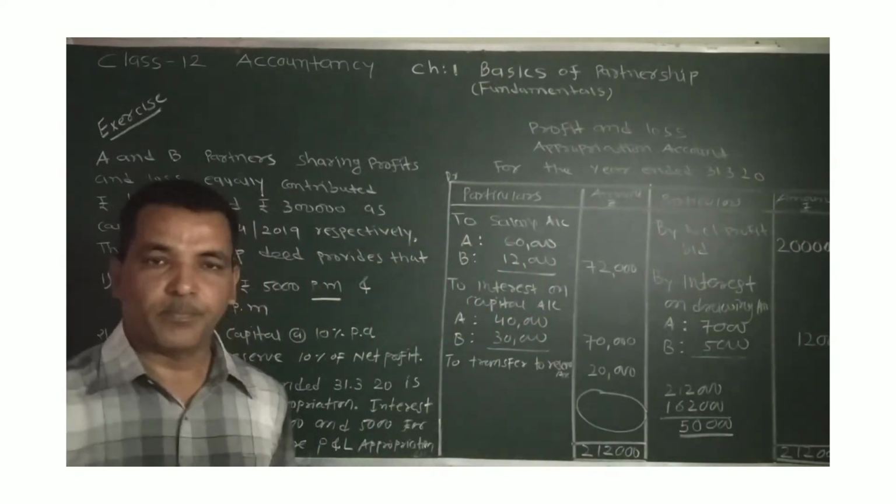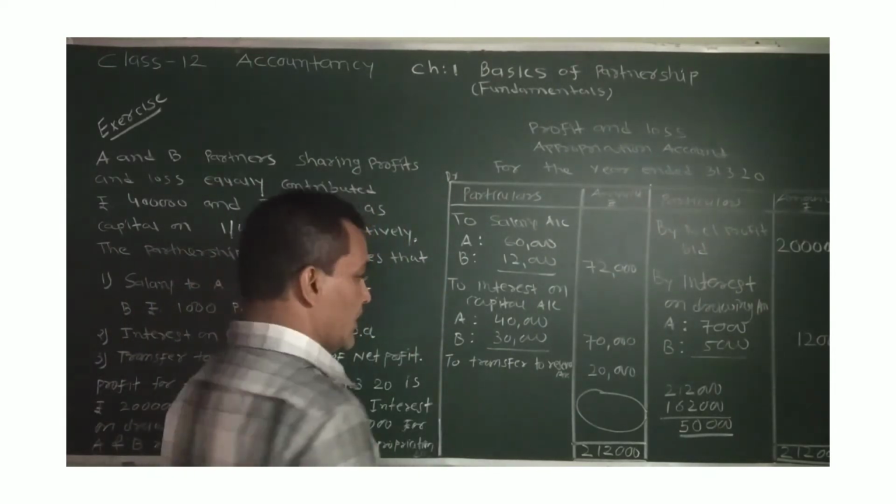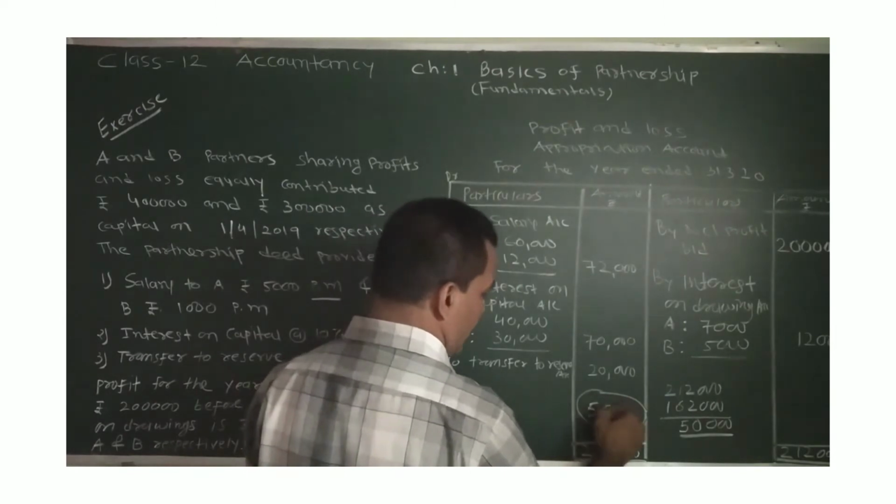So we'll get 50,000 rupees. This 50,000 is divisible profit, and that will be recorded here.